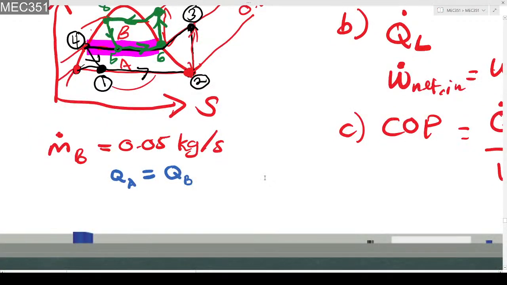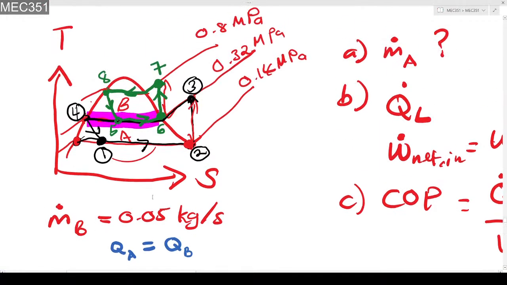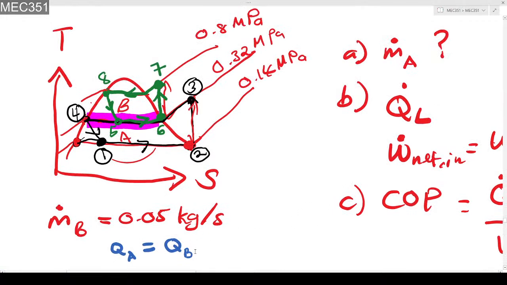So from QA we transfer to QB, 100% transferred.